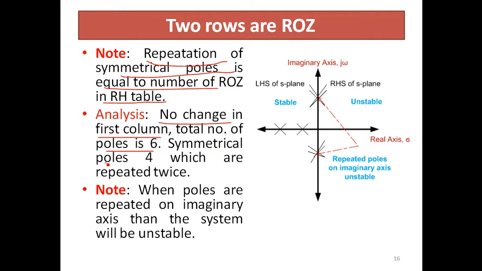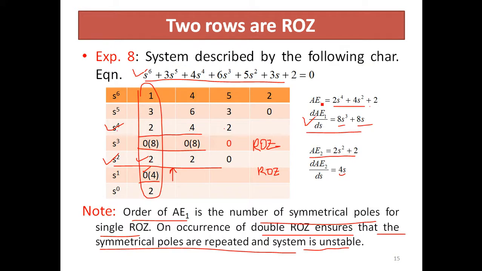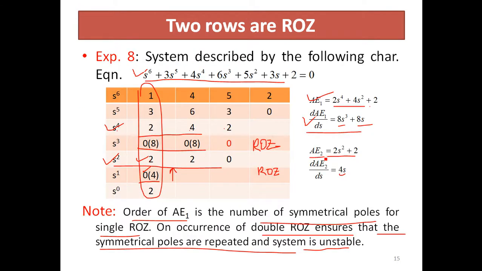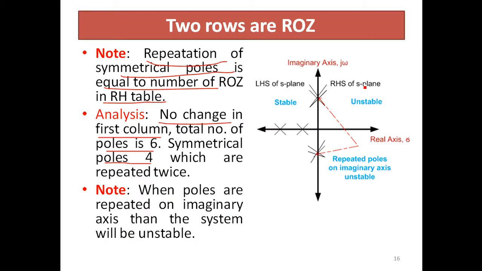Symmetrical poles are 4 because of the order of the auxiliary equation, which are repeated twice because 2 ROZ are appearing. If you would determine the roots of this equation, you would be finding repeated poles. But you can make a note then: if you are having 2 ROZ in the Routh array, obviously repeated roots would be there on the imaginary axis.